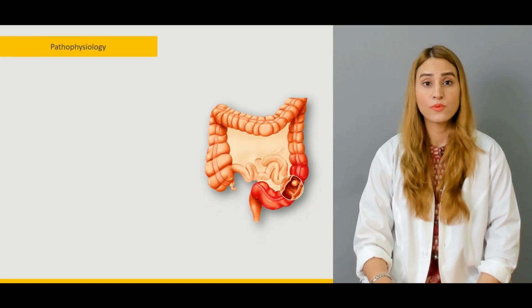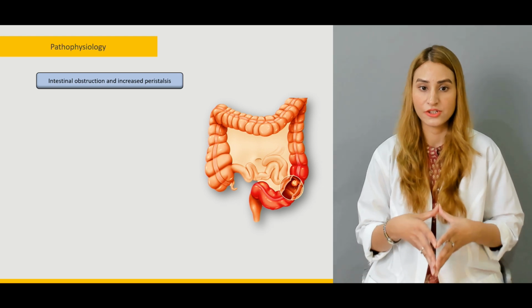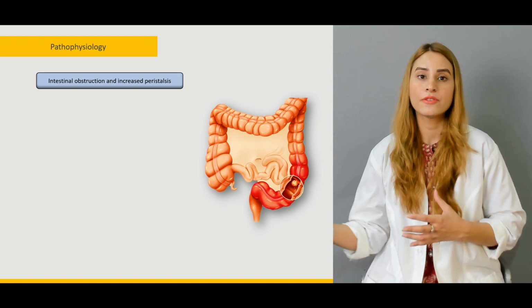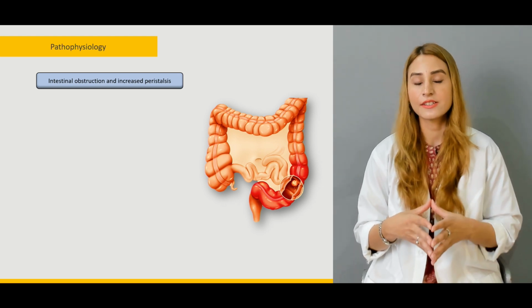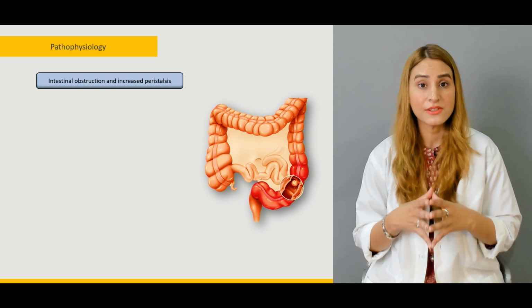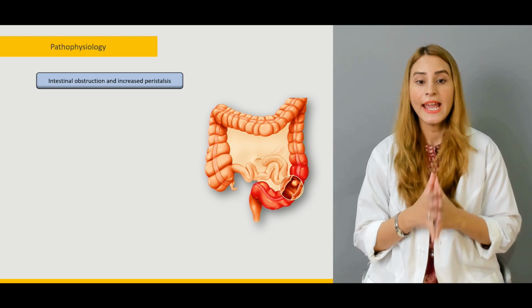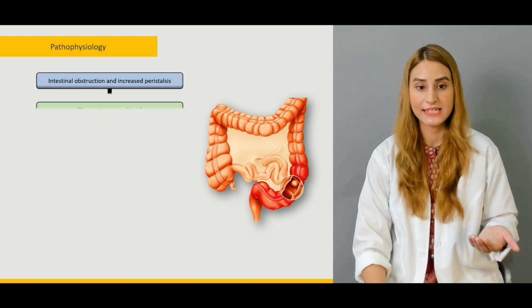So the question is, what is the pathophysiology of intestinal obstruction? Actually, there are a number of causes. I have already discussed all the causes in the previous slide. But what happens is when there is a mechanical obstruction, obviously that will lead to an increase in peristaltic activity.